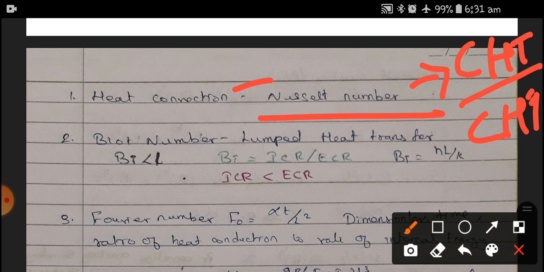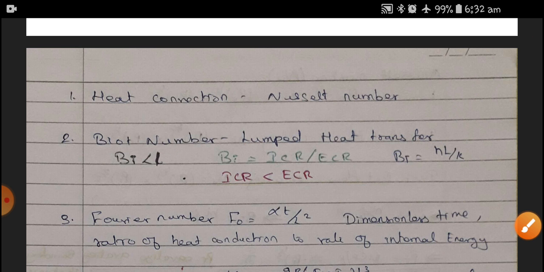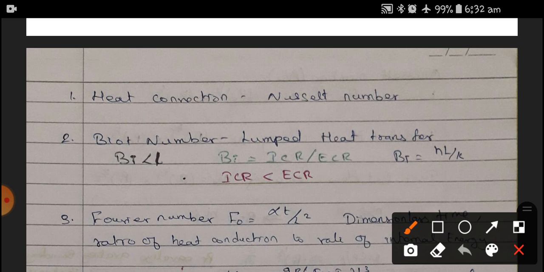Similarly, the Biot number is for measuring lumped heat transfer. It is the ratio of internal conductive resistance to the external convective resistance. So we say it is the Biot number, which is hL by k.